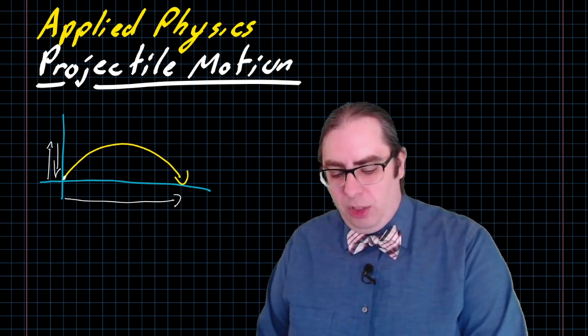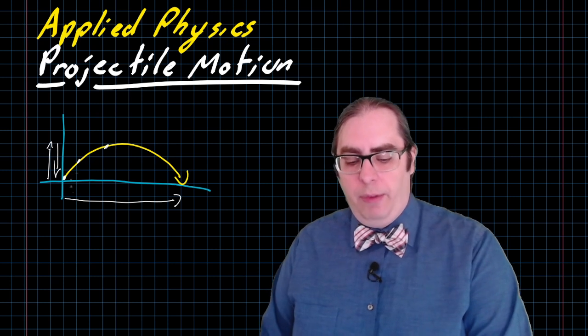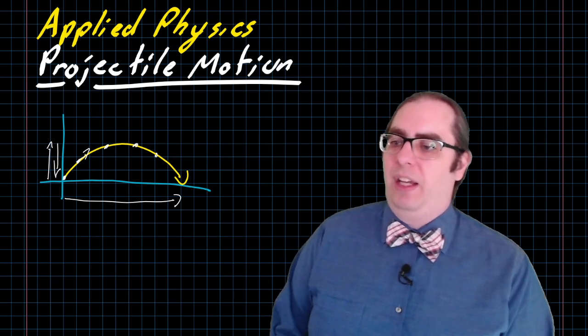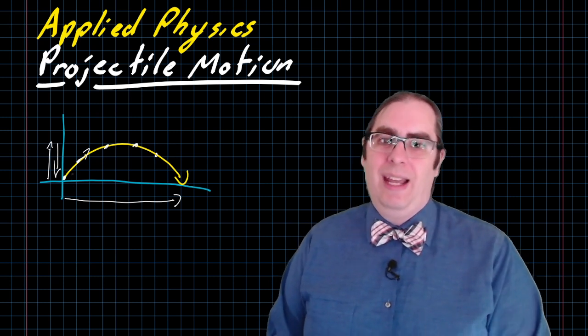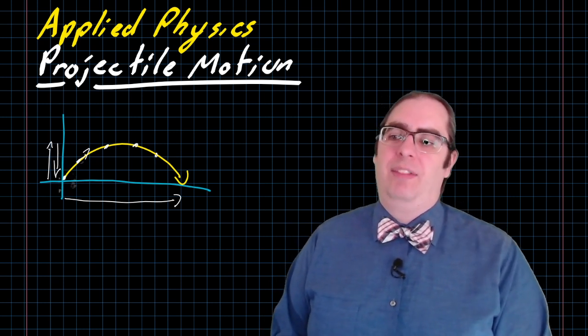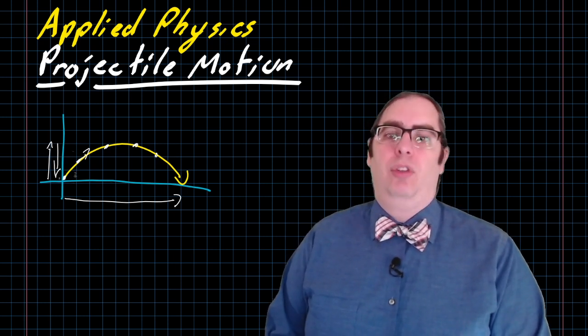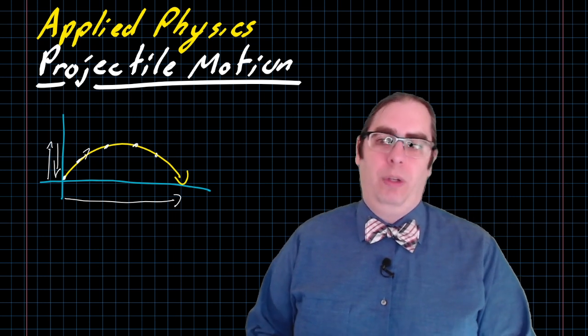So if we look at each point of the motion and think about the position as a vector, the velocity as a vector, and the acceleration as a vector, then we can handle this using the exact same tools we've already dealt with.